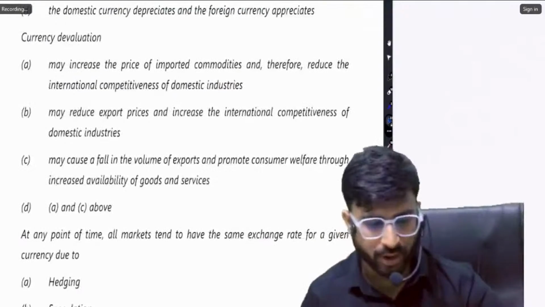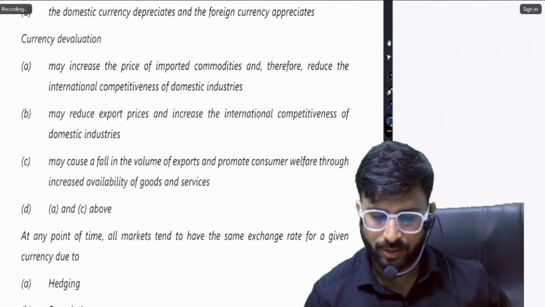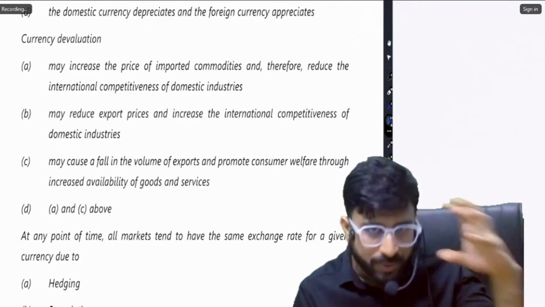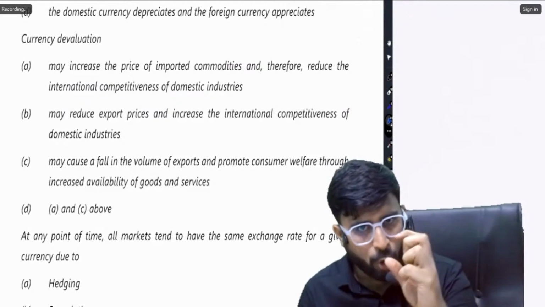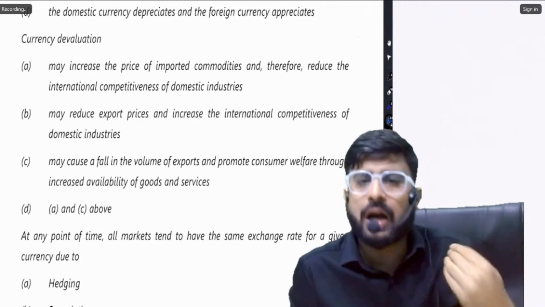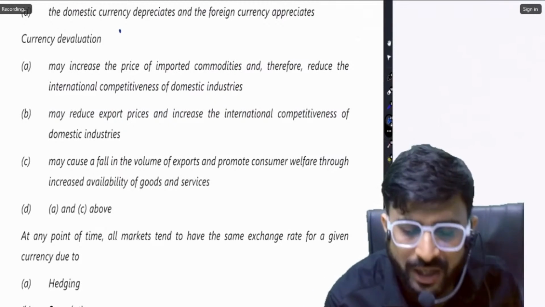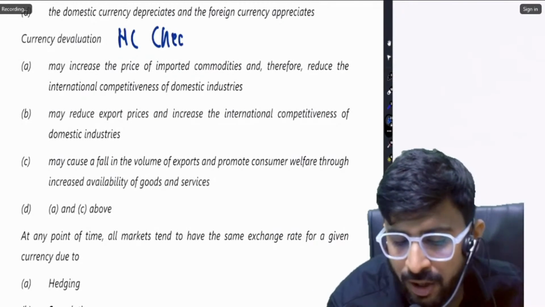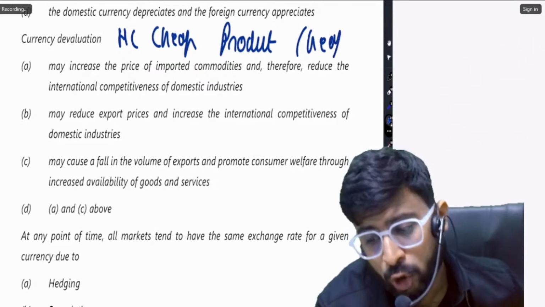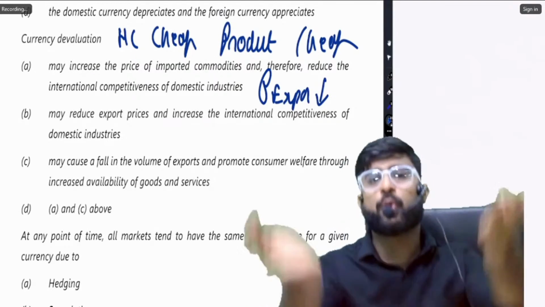Let's see the eighth one. What is it? Devaluation. Currency devaluation means the value of the home currency falls, meaning the home currency becomes cheaper. If our home currency becomes cheap, then our product in the international market becomes cheap, so export prices become cheap, so the chances of export rise.